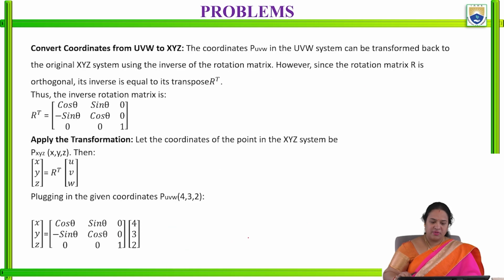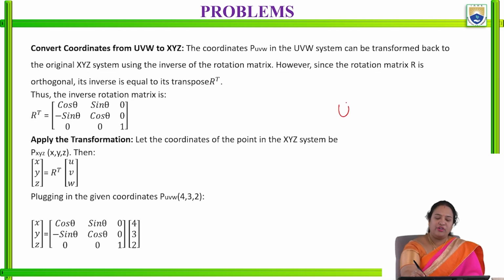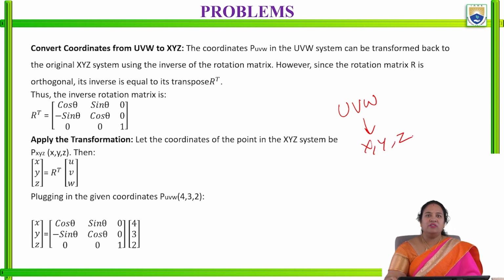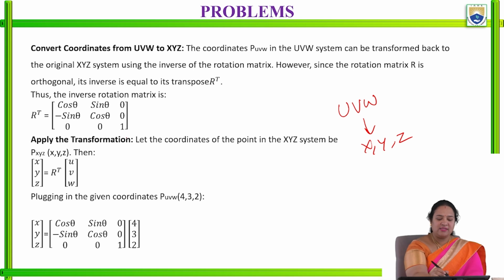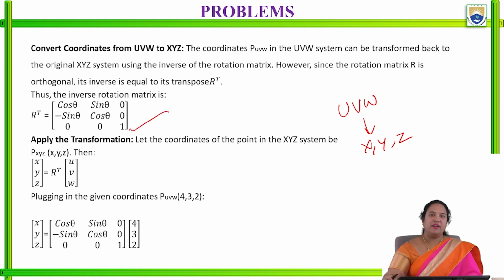Further, we need to convert these coordinates U, V, W to X, Y and Z, right? In order to have the transformation matrix, we will write it as R power T. R power T is equal to cos theta, sin theta, 0; minus sin theta, cos theta, 0; and 0, 0, 1.